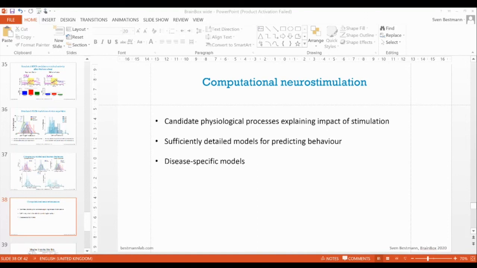There's some other work, for example, by Dylan Edwards, using these models and then doing some validation with transcranial electrical stimulation and motor evoked potentials. And again, that seemed to work quite well. I mean, personally, I'm not too concerned of whether these models are accurate or not to a certain degree.